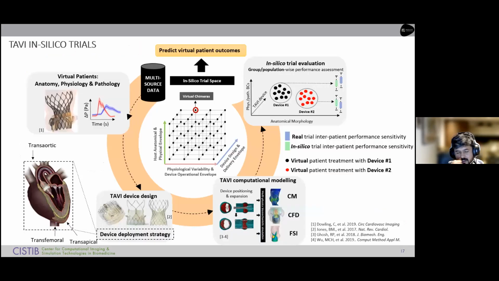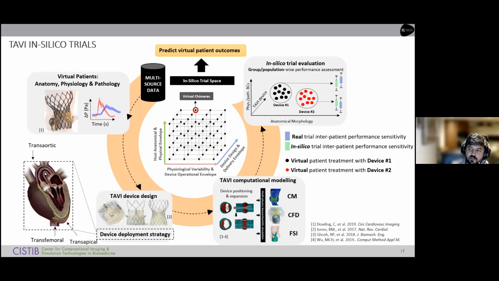So to give you an overview of how we envision the overall process of an in silico trial, what we might start with is, let's say, multiple data sets that don't come necessarily from the same patient or even from the same country, but are complementary sources of data about anatomy and physiology from across the world.